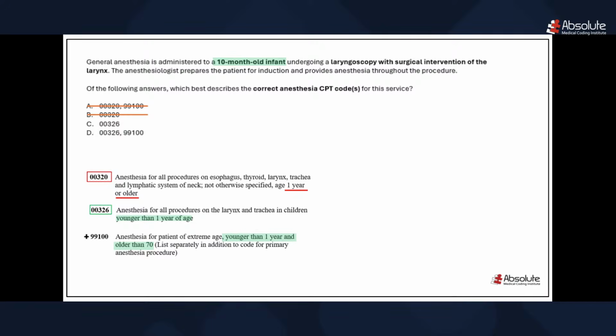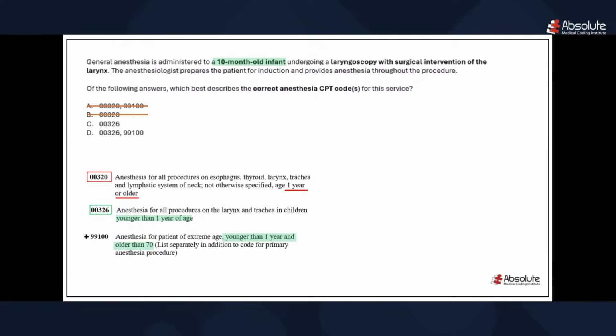Both are coding for the same CPT, and the only thing additional in option D is an add-on code 99100. That is for anesthesia for patients of extreme age, younger than 1 year and older than 70 years. So this is a qualifying circumstance. My question is, do we have to code this along with the anesthesia CPT in our scenario?